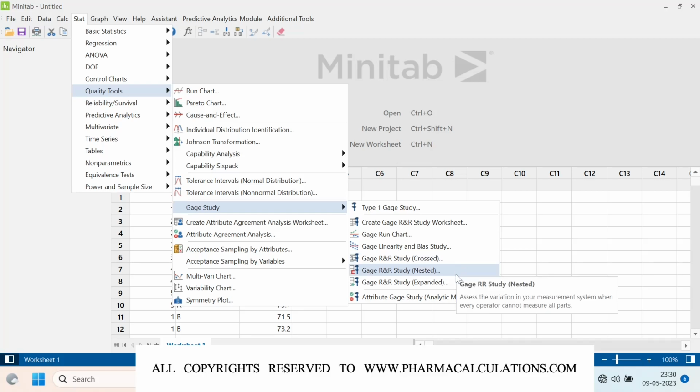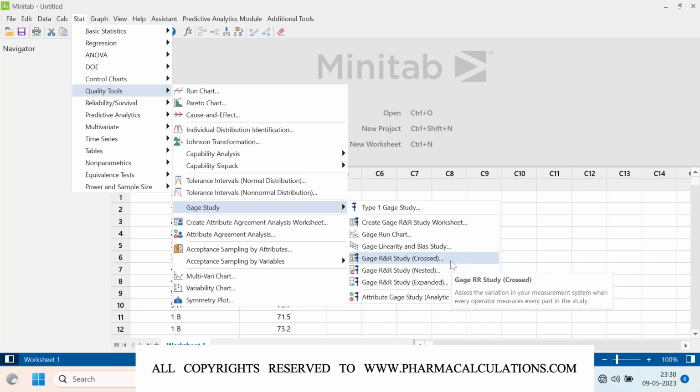Coming to nested, this is something like destructive testing or crash testing. The samples which you analyze once cannot be tested a second time. Why? Because the sample would have expired or crashed. This is when each part is measured by one operator only.